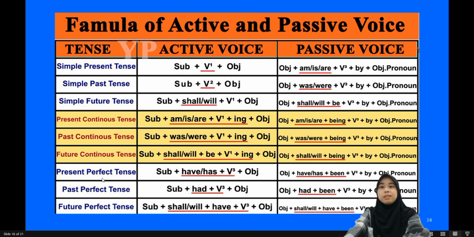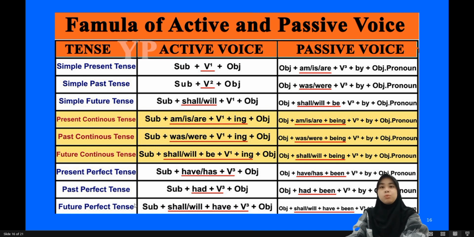And then present perfect tense, we use have or has, and the verb is verb 3. And then passive voice, after to be we use been: have or has been.